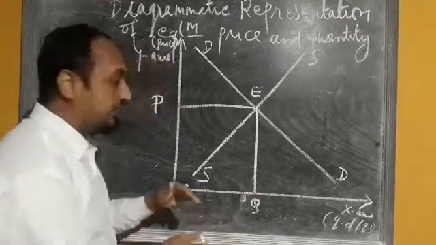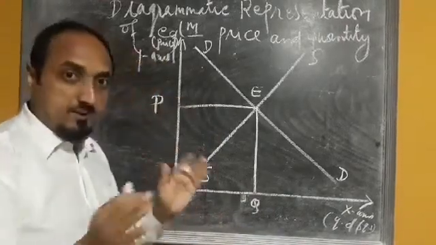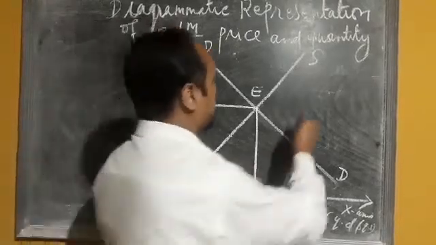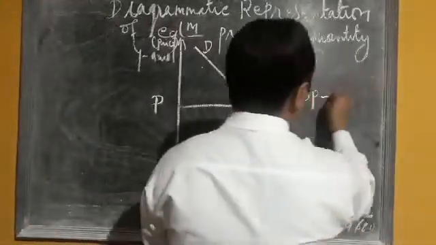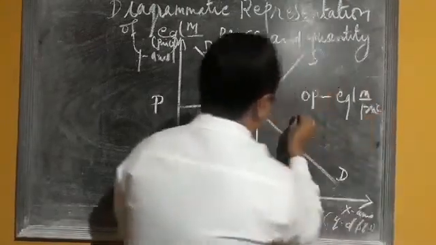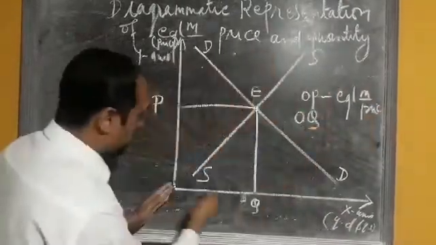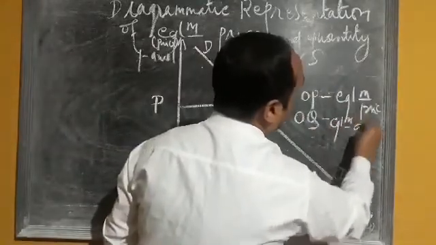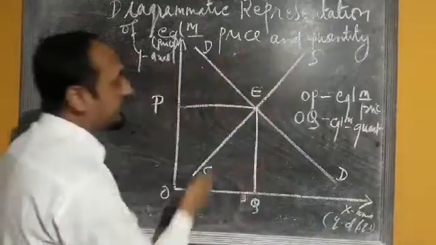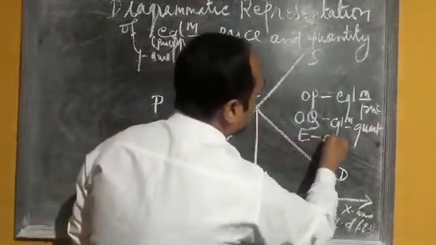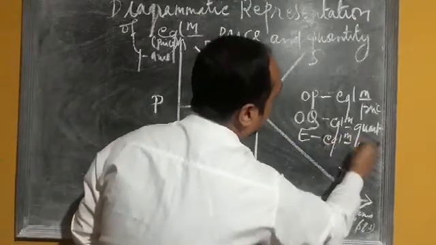Once again, OP is the equilibrium price, and OQ is the equilibrium quantity. I will write it here. OP is our equilibrium price, OQ is our equilibrium quantity, and this point E is our equilibrium point.